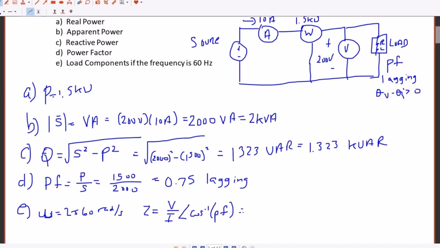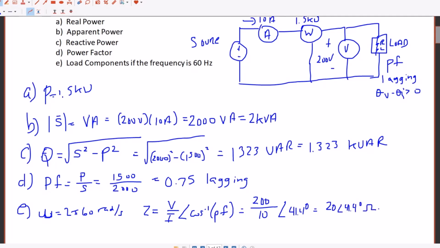So this is going to be 200 over 10, and the angle, which is the arc cosine of the power factor, is 41.4 degrees. So the impedance is 20 with an angle of 41.4 degrees, and the units are ohms.